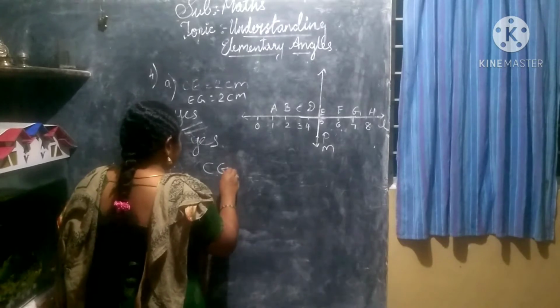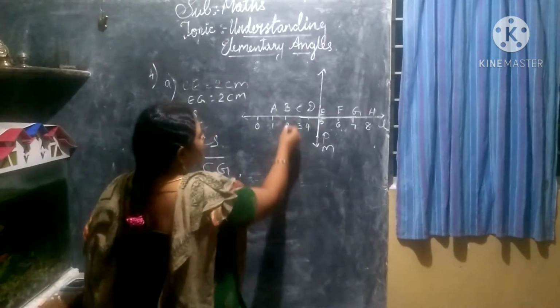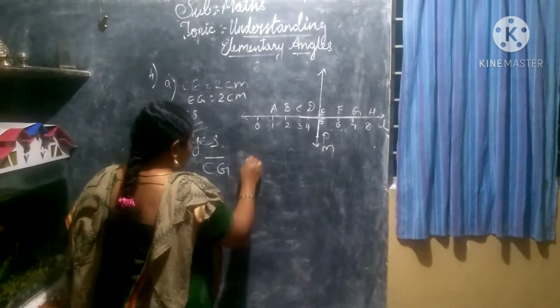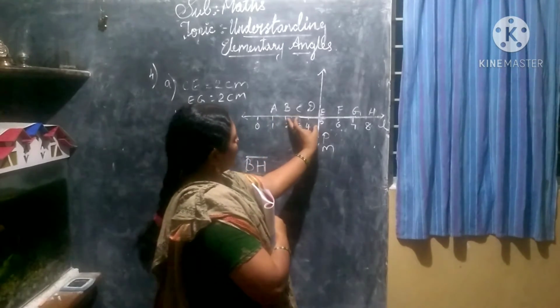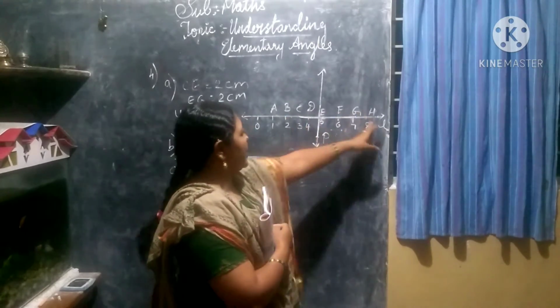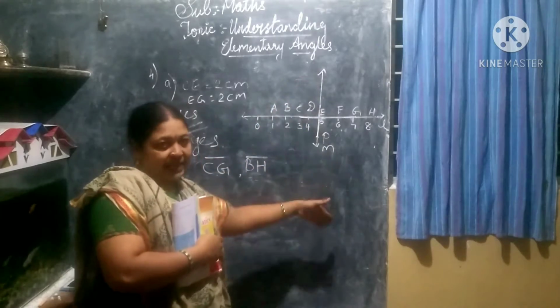CG is 1 line segment which is perpendicular. Anything else? 1, 2, 3. Yes, you can have BH. Also in B we have 3 centimeters and in H also we will get 3 centimeters. Therefore, BH also is 1 line segment which PE can equally bisect.